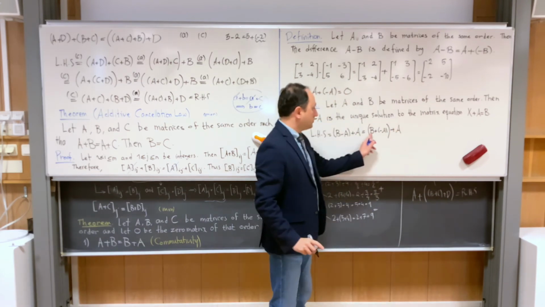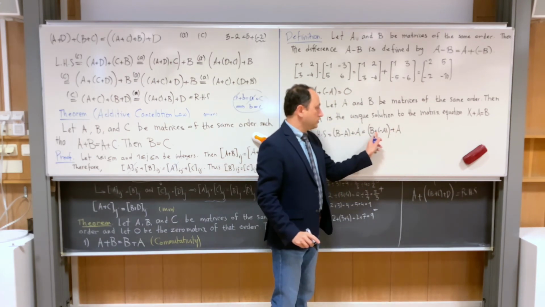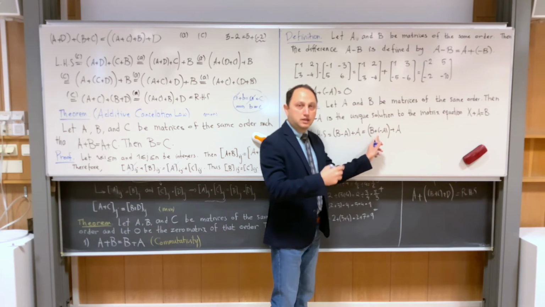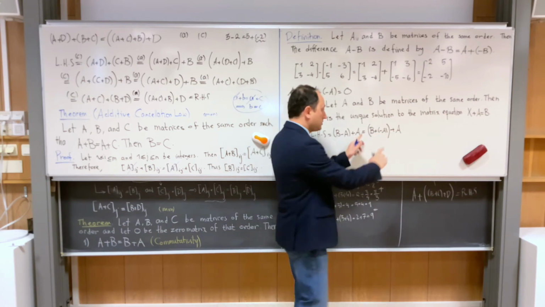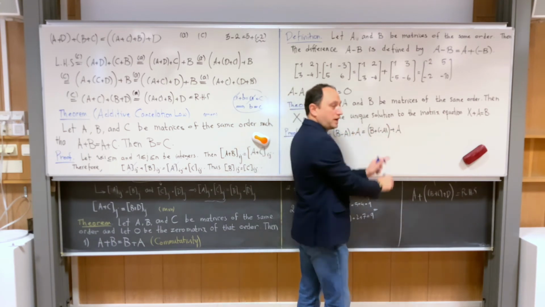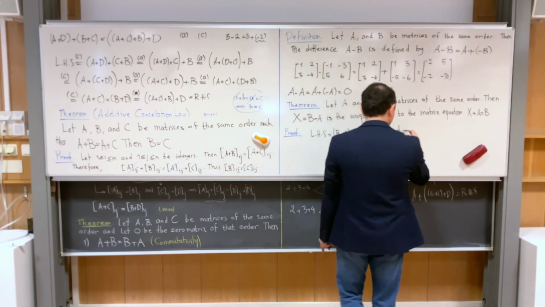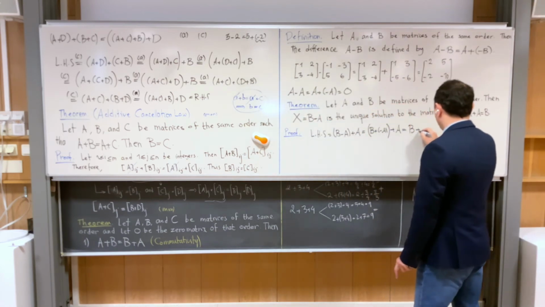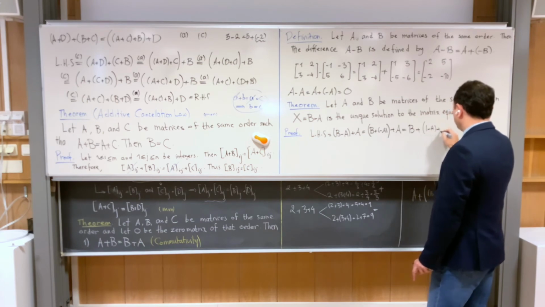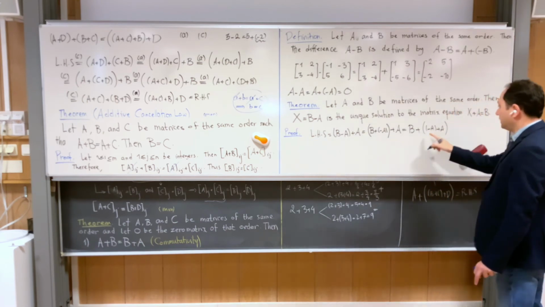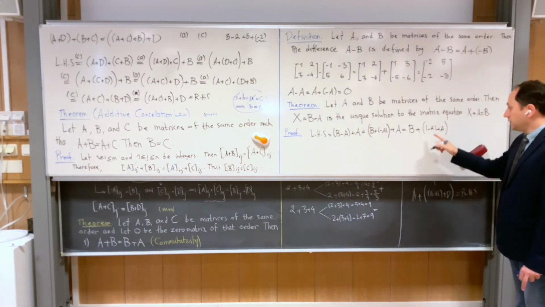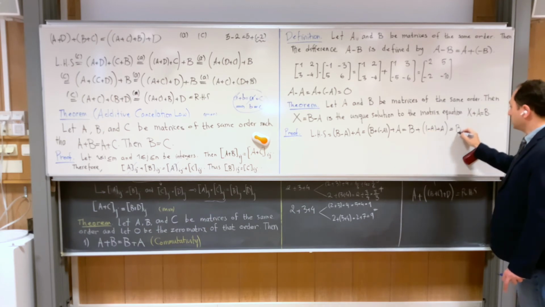Yes, that's the definition. And then I have A. Then you have three matrices added together. So it means that I can use associativity and remove these pair of brackets and put them around the second pair. So this becomes B plus minus A plus A. But then I know that this is the additive inverse property, so it becomes the zero matrix.